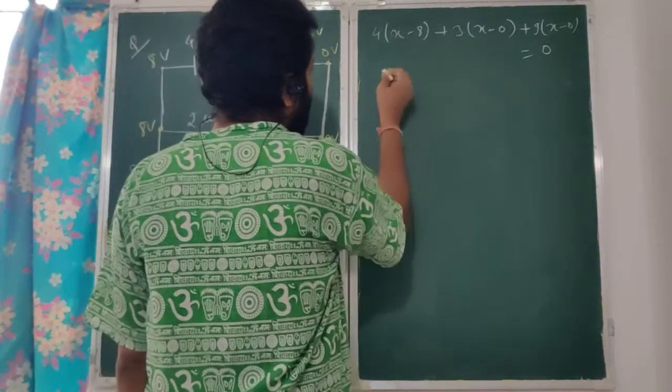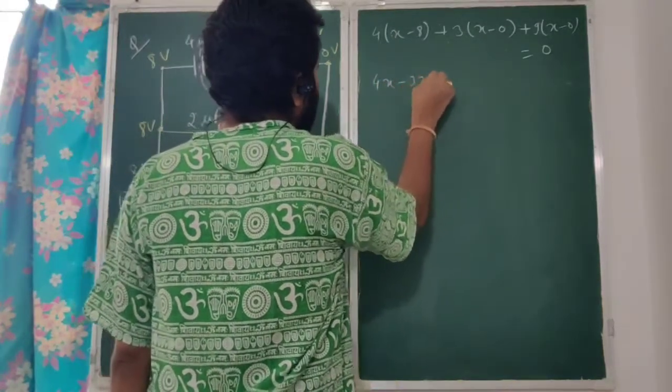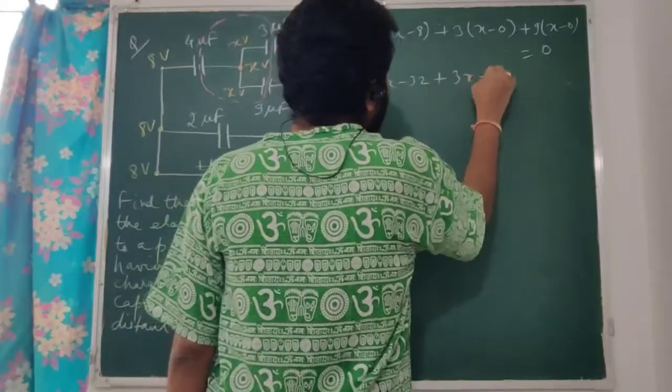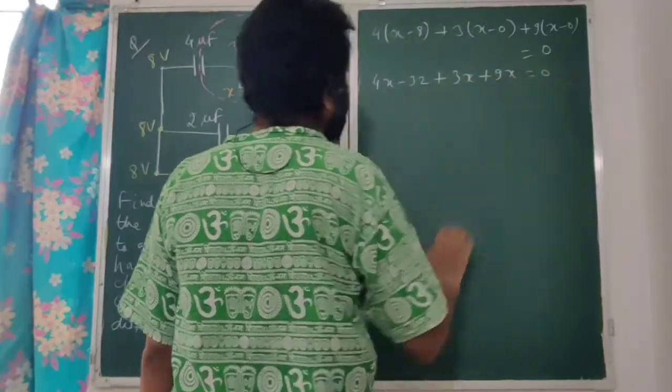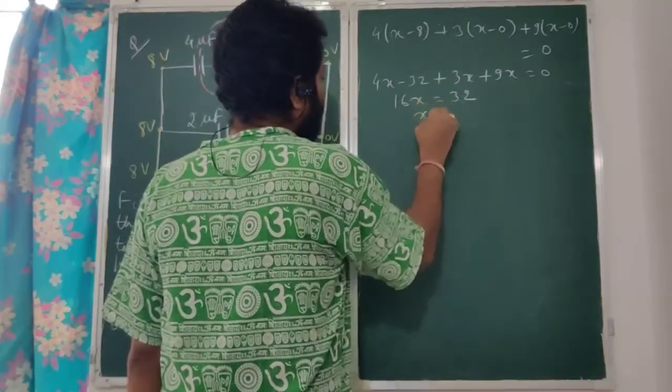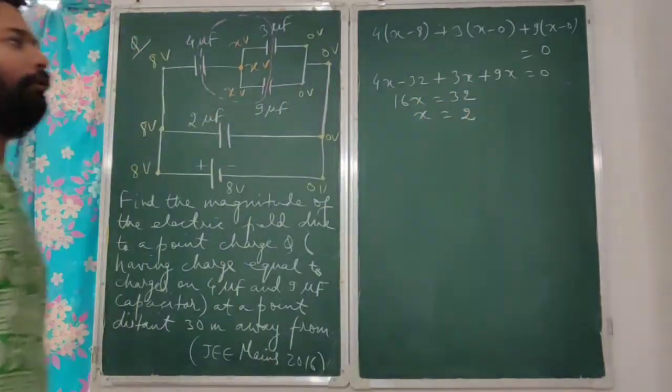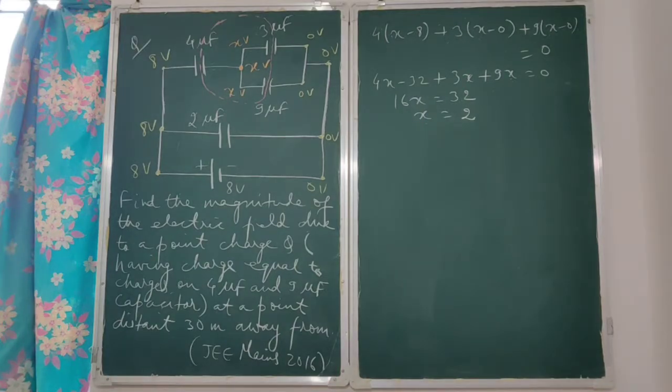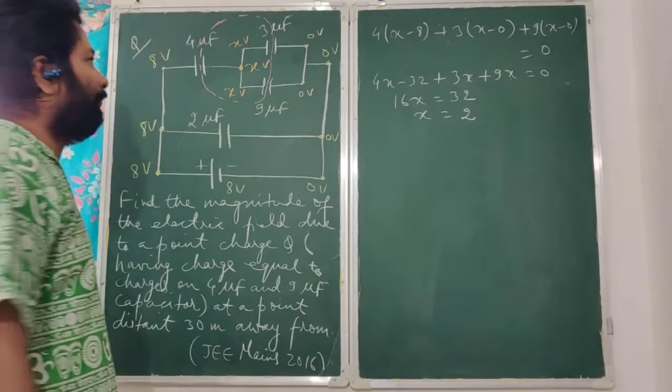So now let us solve this. So what is the value of X? It is 2. The value of X is coming as 2 volt.